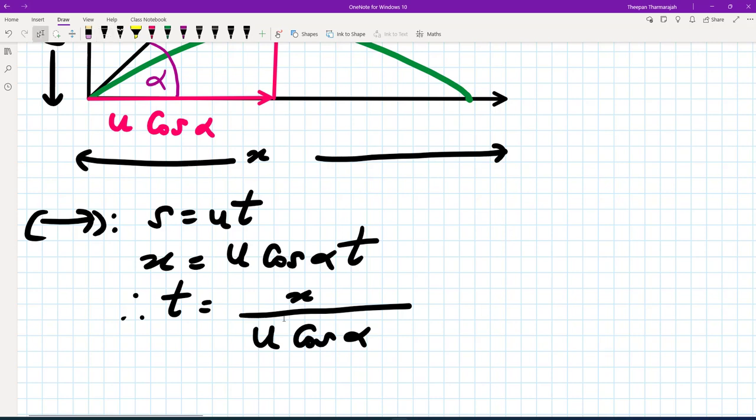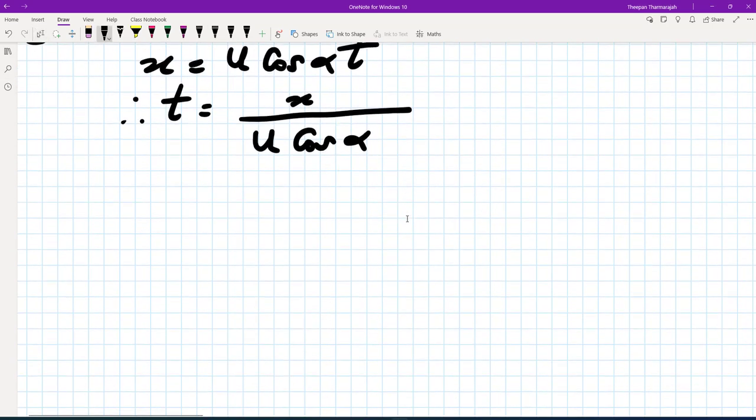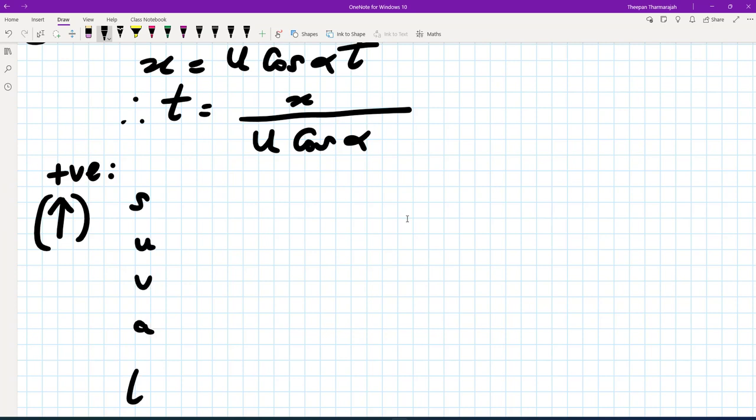Now, taking the vertical components, we can do the following. Taking upwards as positive, we can do a suvat. Now we know that a is minus g, u is u sin alpha.